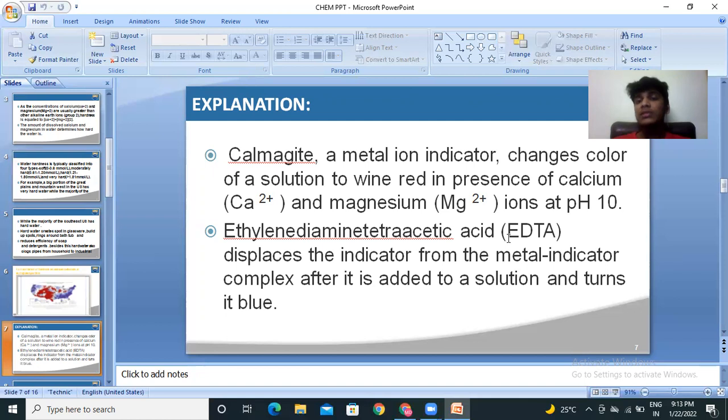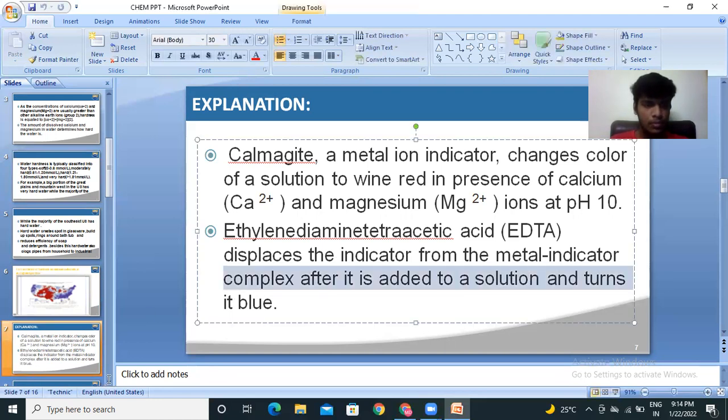So when calmagite is added to the solution of magnesium and calcium, it turns red. But when EDTA is added to the solution of magnesium and calcium, it turns blue. Now we'll go to the next slide.